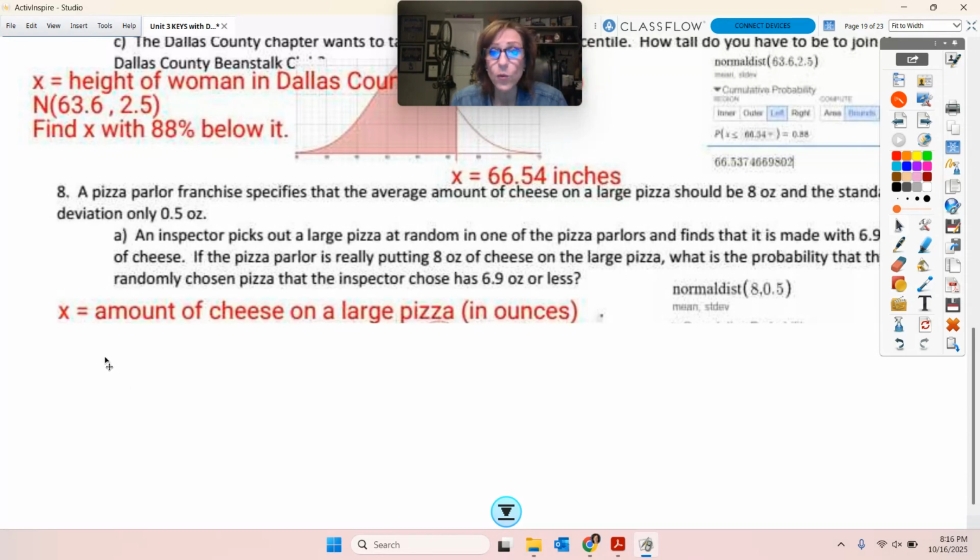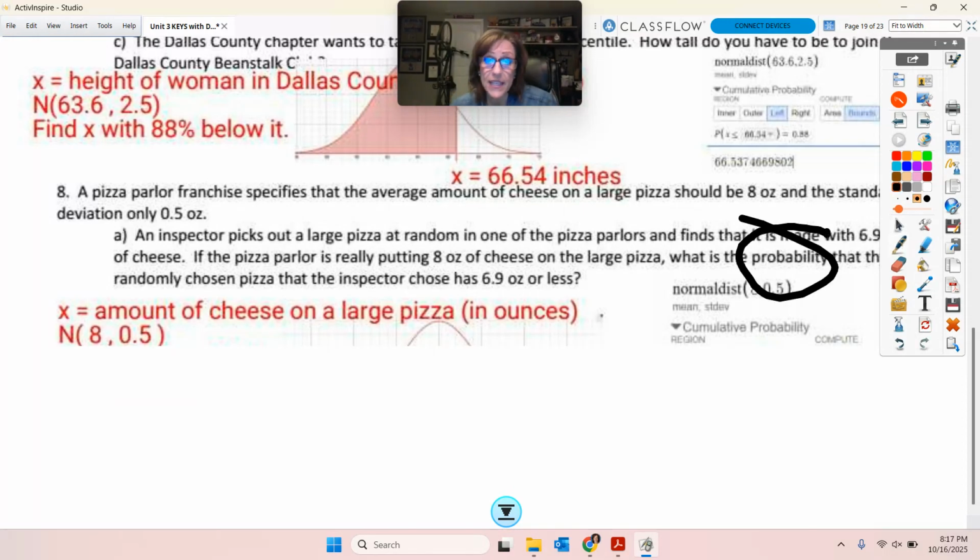Okay, and then what defines our normal model? Our normal model is centered at 8 ounces with a standard deviation of 0.5 ounces. All right, what are we looking for? It says we are looking for the probability of getting a pizza, or you could say the proportion or percent of pizzas that have 6.9 ounces or less.